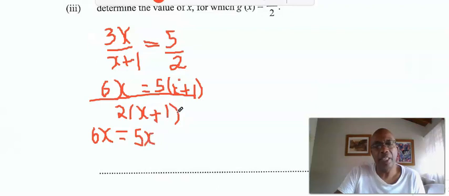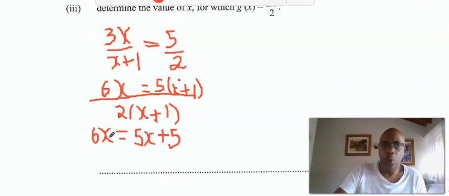And 5 times a plus 1 is a plus 5. To solve the equation, we'll bring all the x's to one side. So I'll bring over the 5x to the left side.